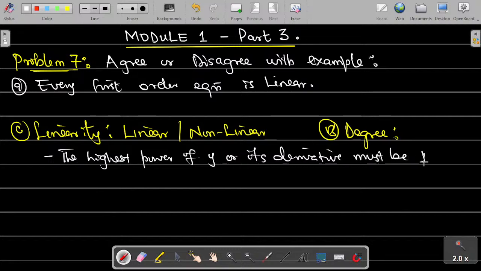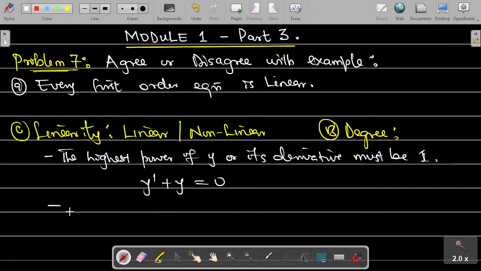If I have any differential equation where the power of y or the derivatives of y is not 1, then that differential equation is non-linear. If you check the examples I gave earlier, for instance, y prime plus y equal to 0, this is linear because the powers of these are all 1. Remember we said it has to meet the other conditions. However, this one met the other conditions I want to mention.